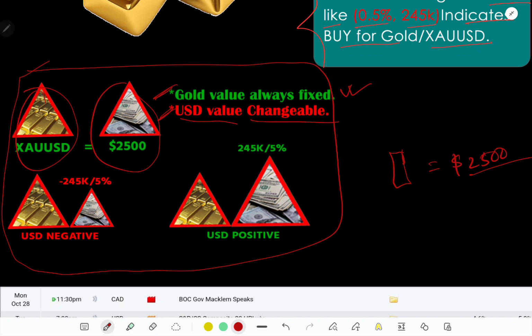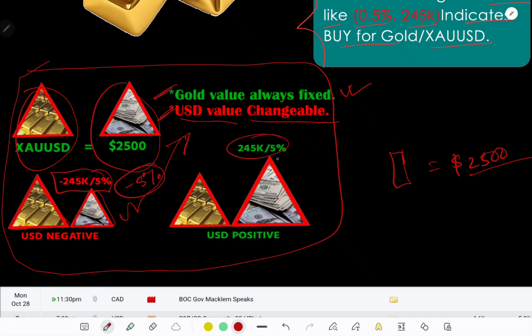That means currency value is changeable and gold value is always constant. If data comes with negative 5%, that means red 5%, USD value will decrease and gold value at that time is bigger than USD. That's why when news comes, gold value will increase. So we have to buy gold because gold value will increase.